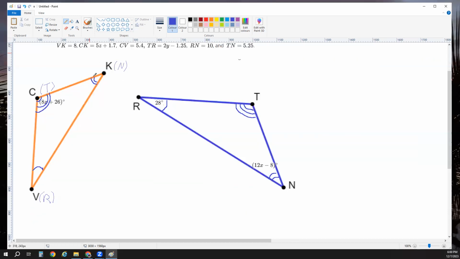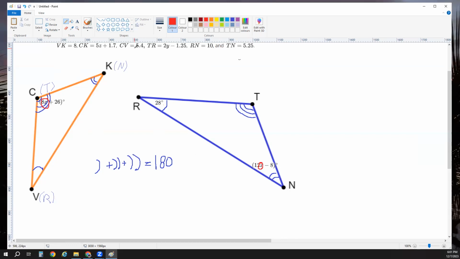So anyway, I know that angle 1 plus a double angle plus a triple angle all equal 180 degrees. And I know that I only have one variable term in all these. That's x.